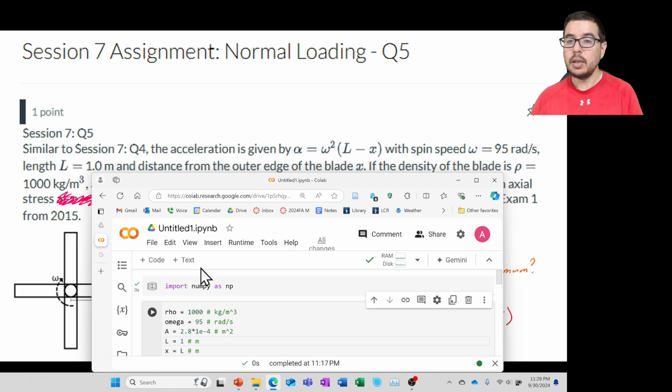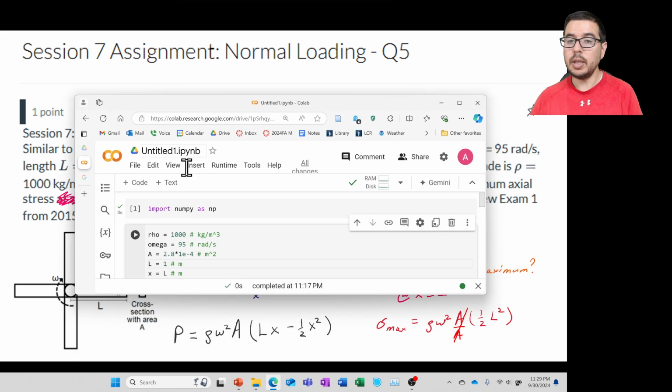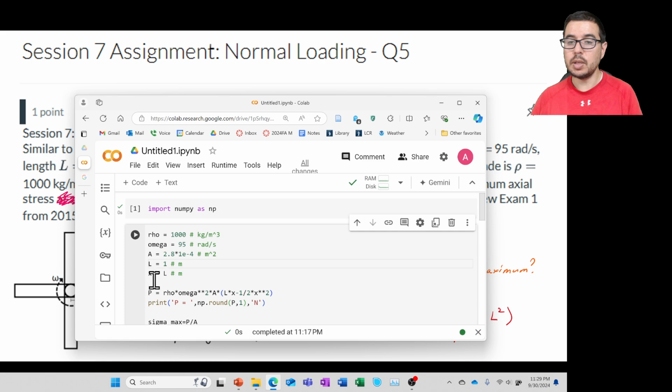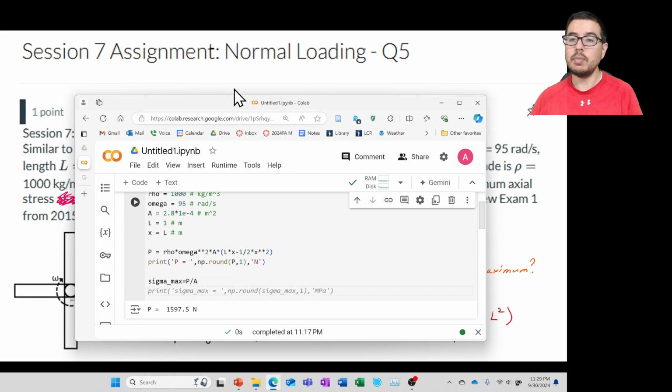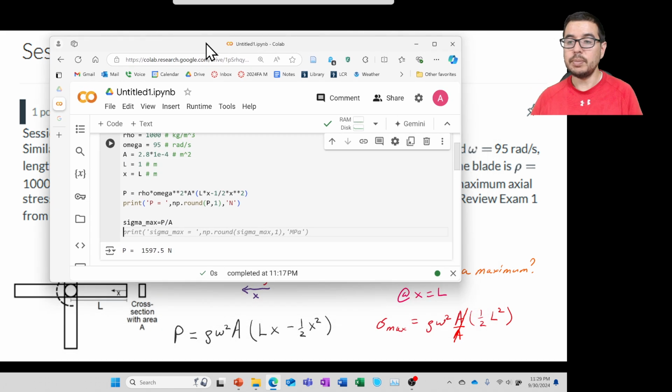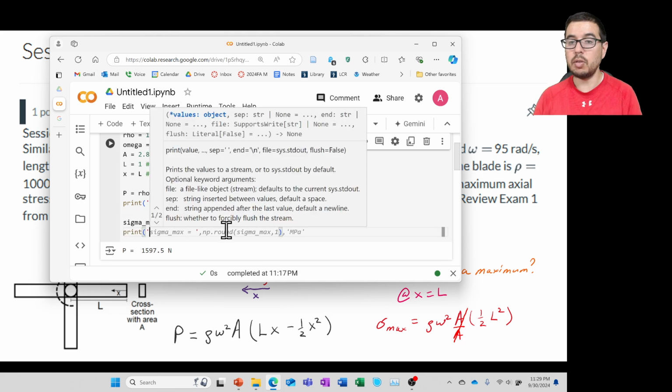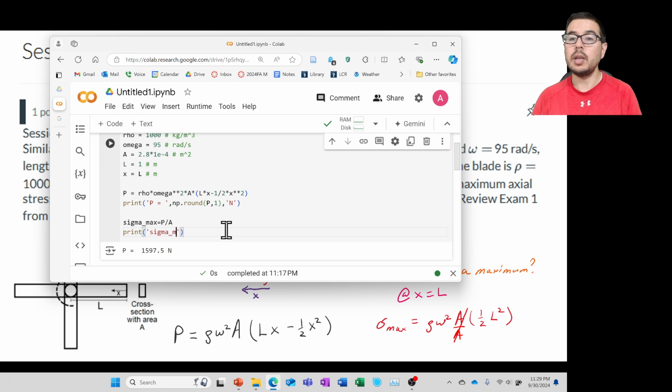I think I've changed the parameters appropriately, including the fact that we're interested at where it's maximum. When x is equal to L, we're going to calculate the P, and then we just divide by A. It's not exactly this equation, but this is how we can change our existing code to get us an answer that seems to make sense.